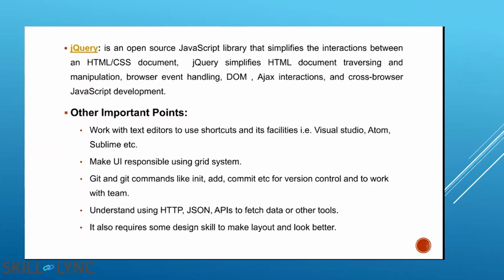Some library for Ajax, some interaction, or if you want cross-browser support, or if you want to work with the document object model, then we go for jQuery. jQuery is the one which helps with all this simplifying. There are so many functions in the jQuery library, and if you bring that in, you can use it and make things very easy.